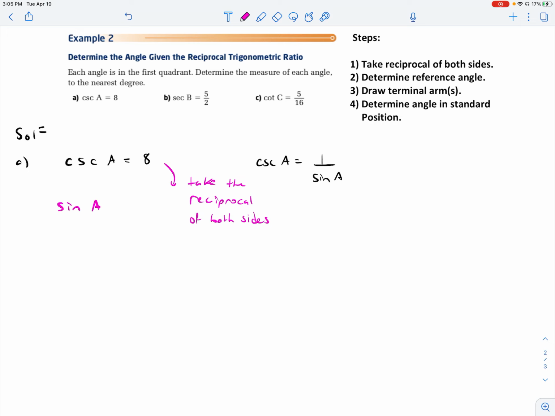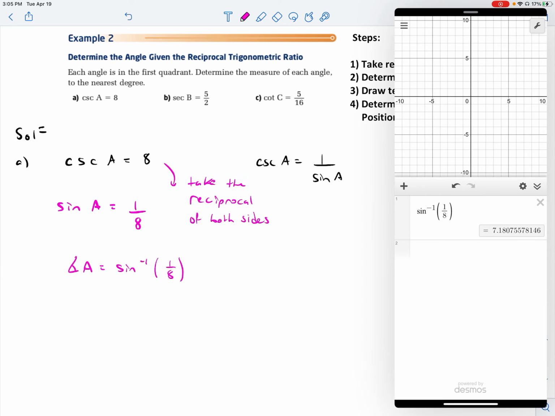I don't write 1 over sine A, because I'm not trying to write the equivalent of cosecant. I'm taking the reciprocal of cosecant. So 1 over cosecant is just sine. The reciprocal of 8 is 1 over 8. Then our next step is to solve for the angle. Angle A is the sine inverse of 1 over 8.